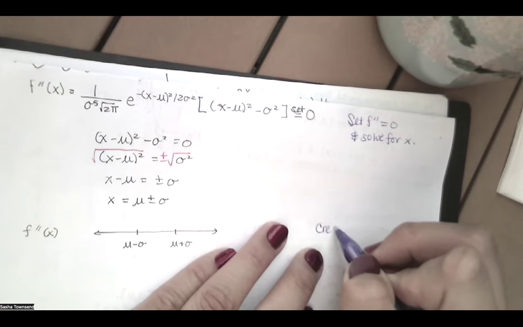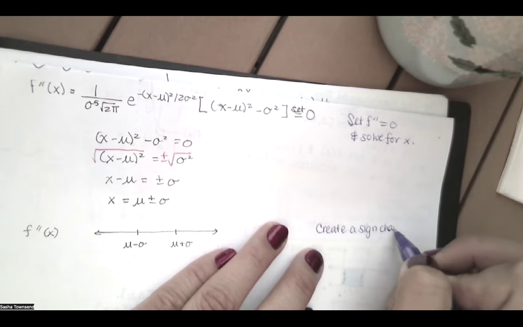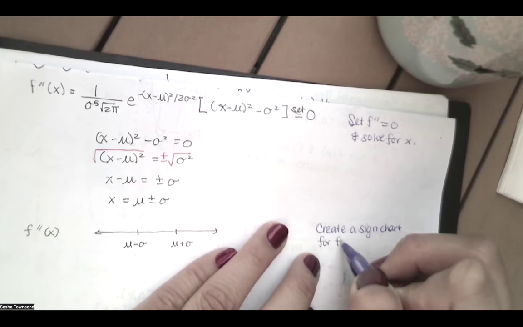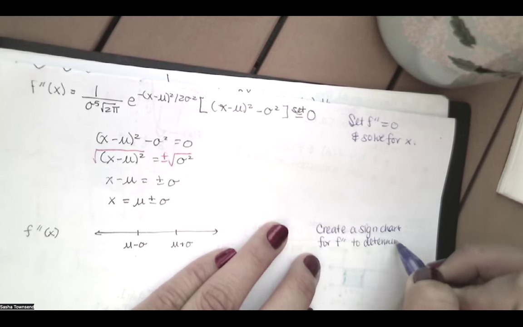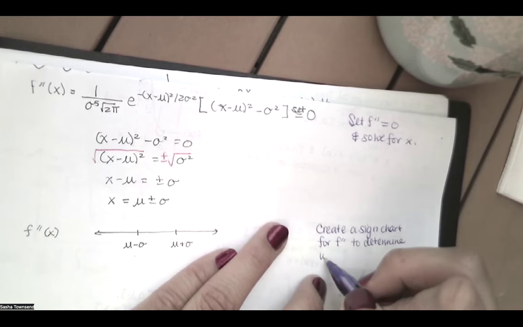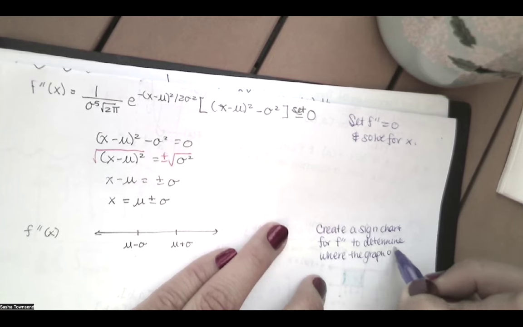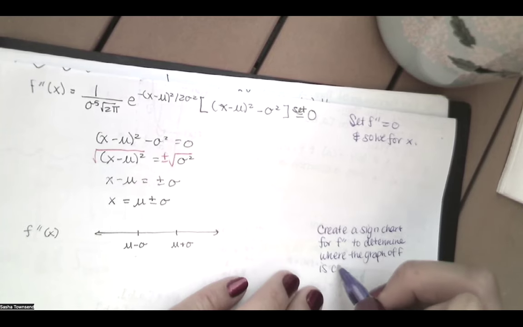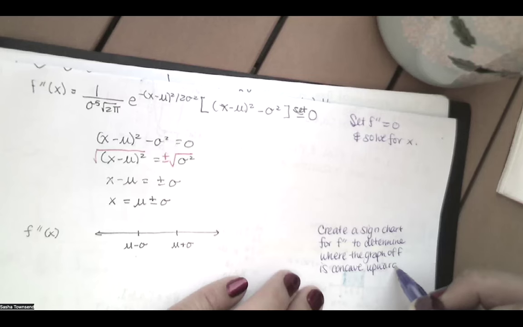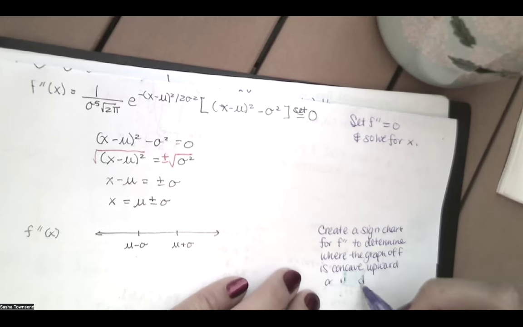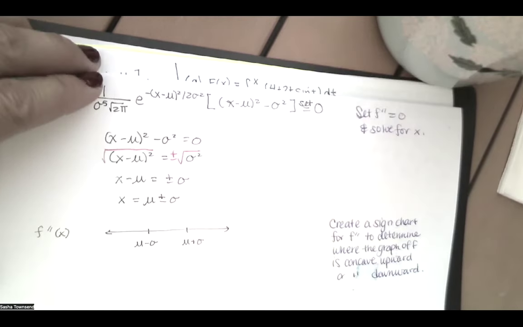We're going to create a sign chart for f double prime to determine where the graph is concave upward or concave downward. All right, so I've got that.